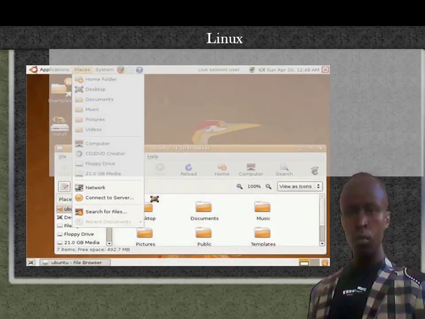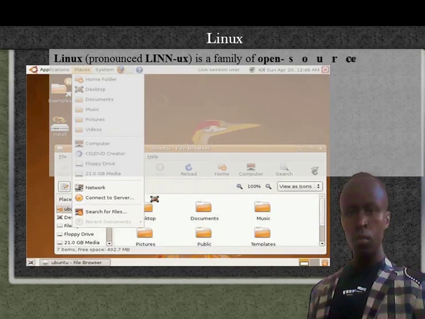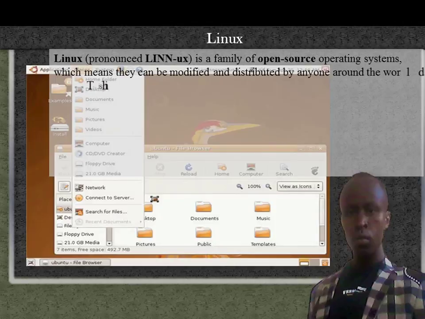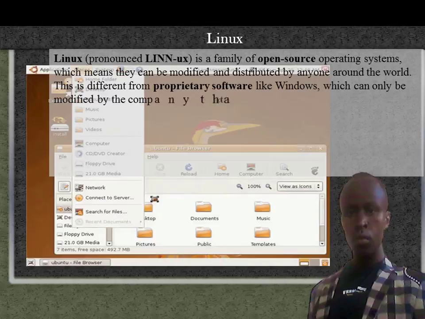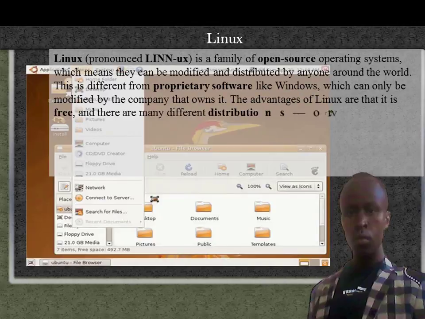Linux, that's the feel and look of Linux. Pronounced as Linux, it is a family of open source operating systems. These are operating systems that can be modified by anyone around the world, and this is different from proprietary software like Windows, which can only be modified by the company that owns it.